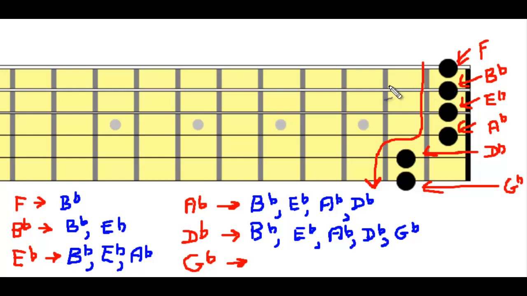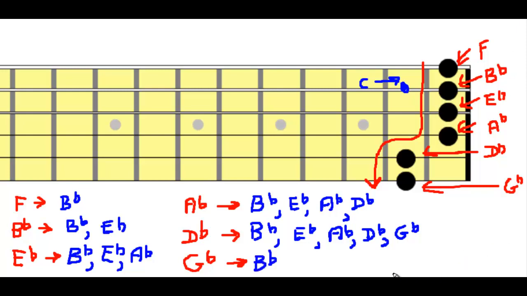So the way to correctly name this is a C flat. The note C would be situated here. So actually the note that we'd be looking for is this pitch, but rather than calling it a B, we're going to call it C flat.